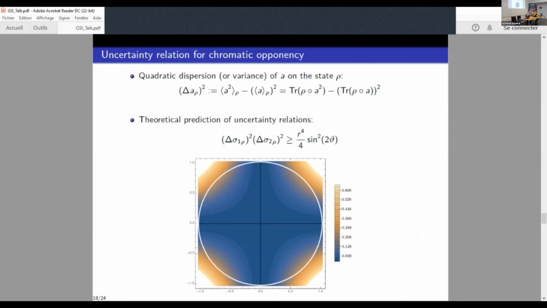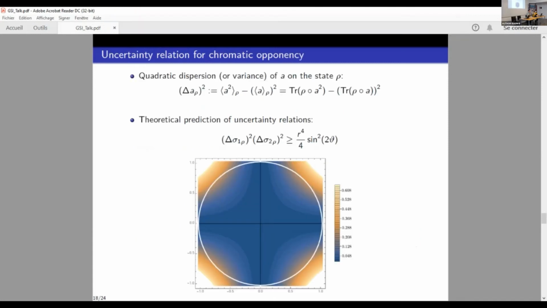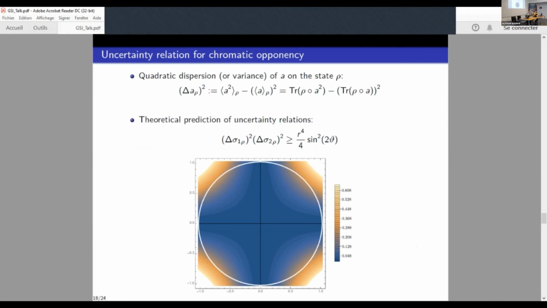Okay, we also discovered that there is the possibility to find uncertainty relations related to Pauli matrices, and these uncertainty relations are written like this. And as you can see, there is no uncertainty only in the center of the disk, the achromatic state, or when we are on the opponent axis. But for example, imagine that we are here, just for the sake of an example, orange.